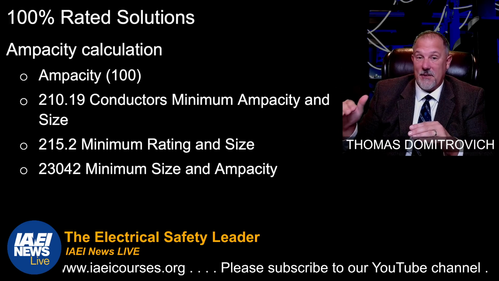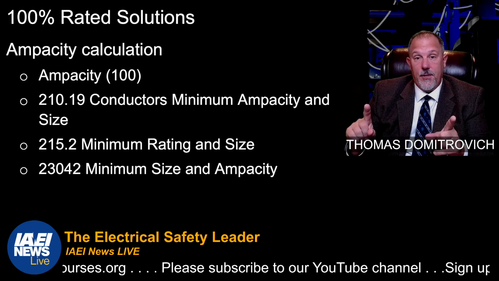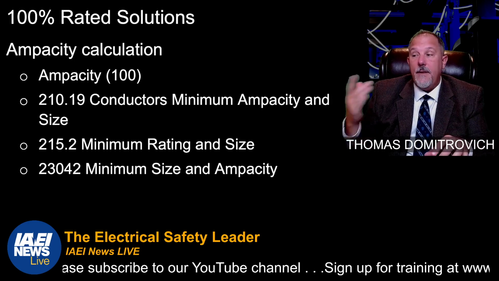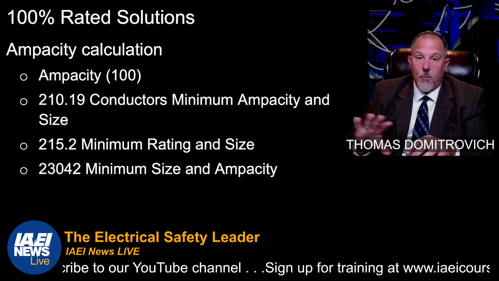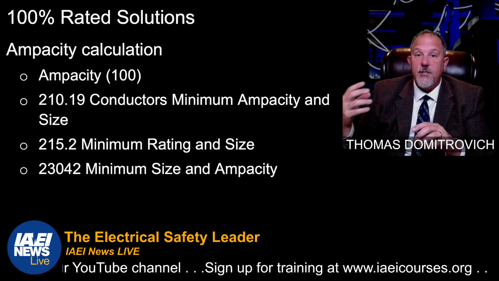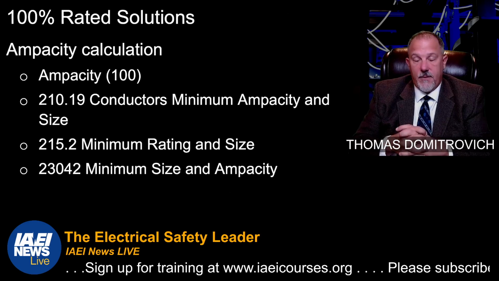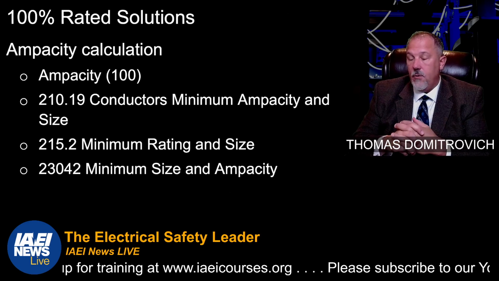So in the first one, I don't do adjustment and correction factors. All I do is 1.25 times the continuous plus the non-continuous. In the second calculation, I don't worry about the 1.25. I just do the adjustment factors or correction factors.